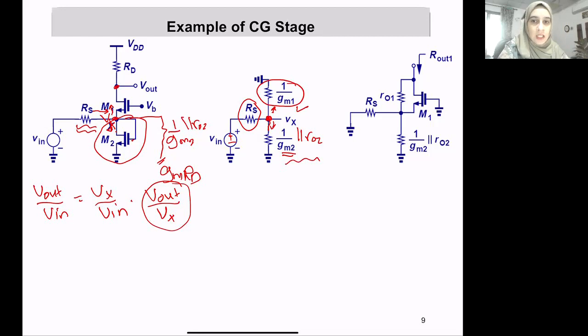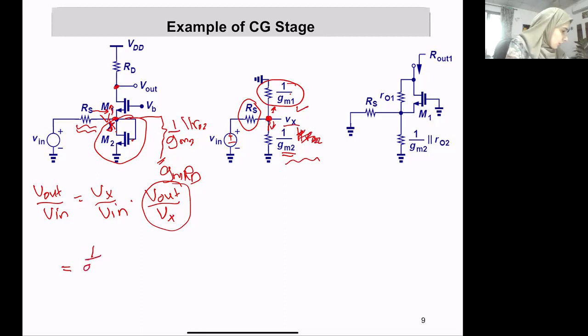So now my task is to find how much is delivered at Vx from Vn. Again, it's going to be a voltage divider. So 1 over Gm1 and 1 over Gm2, if I just ignore the R out 2 at this moment, are in parallel with each other.